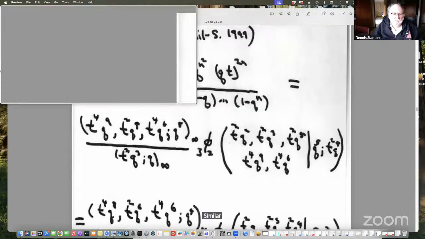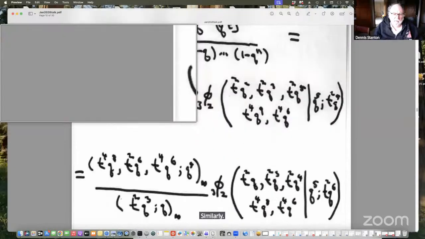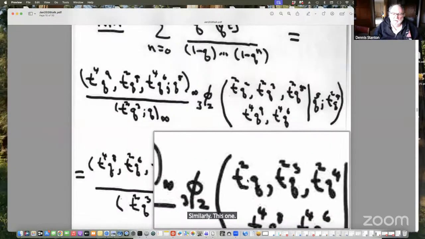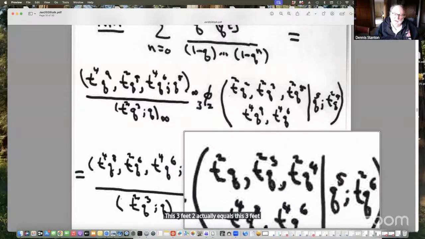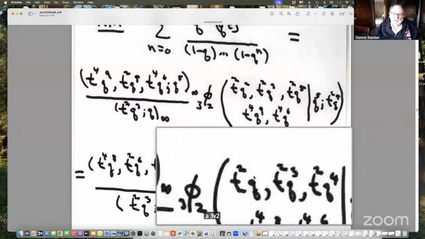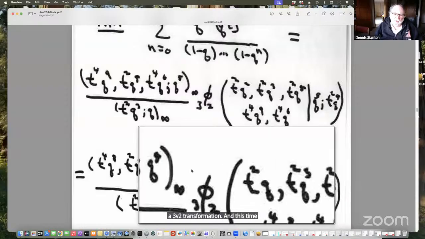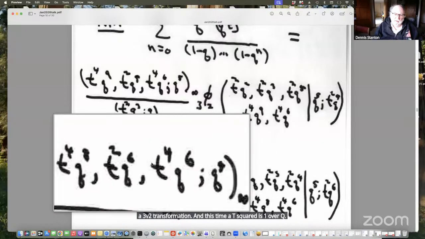Similarly, this 3phi2 actually equals this 3phi2 by a 3phi2 transformation. And this time t squared is 1 over q. You get a 6, a 5, and a 4, mod 5.